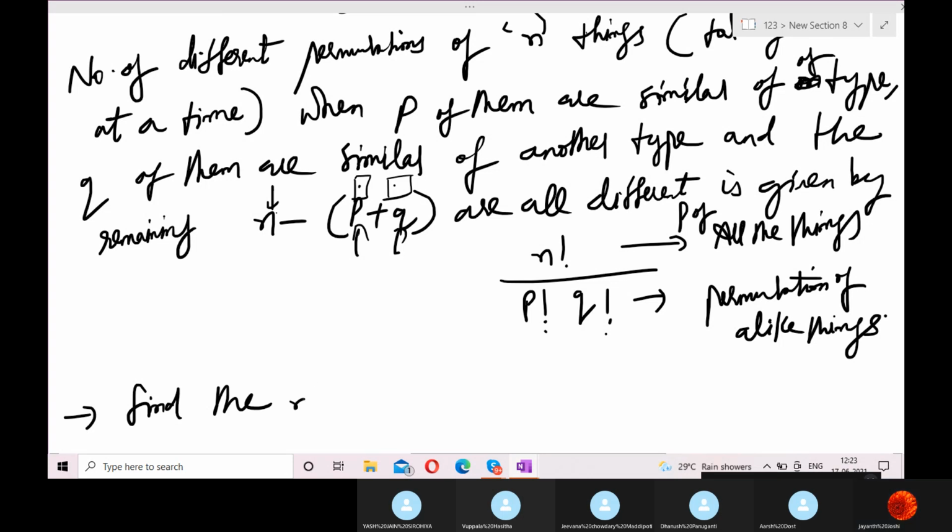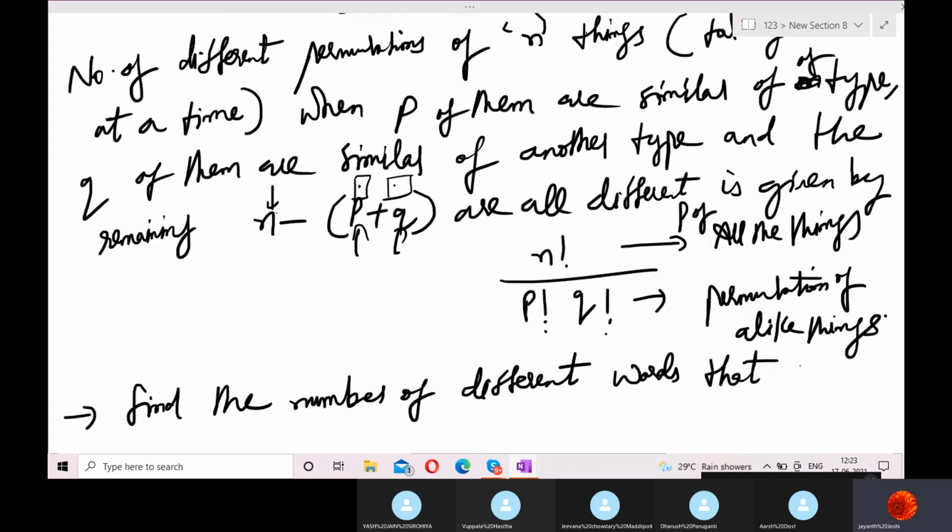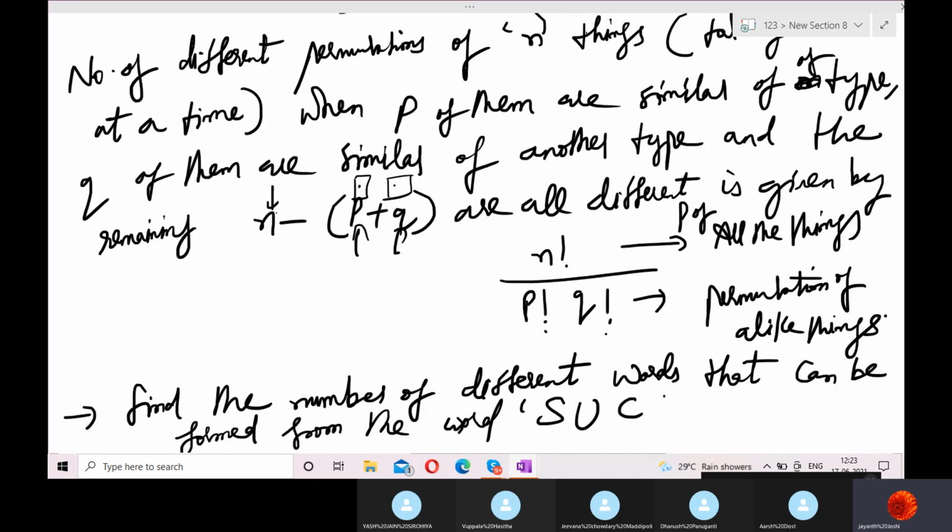Find the number of different words that can be formed from the word SUCCESS. Come on, do this. Yes, tell me the answer.